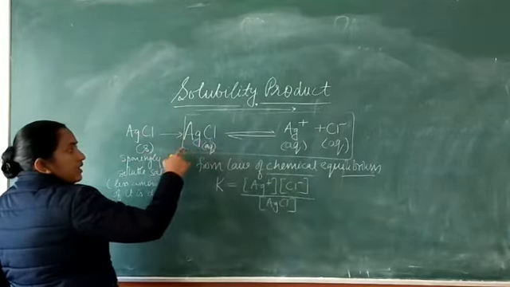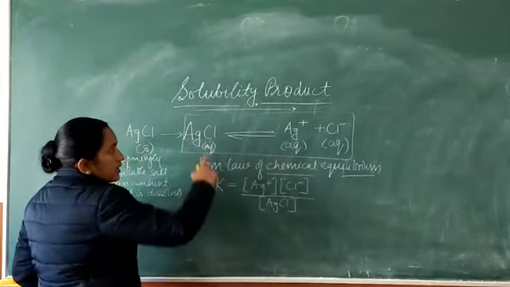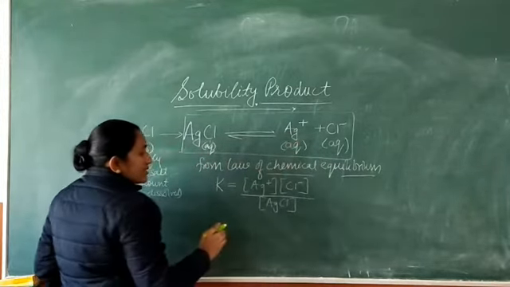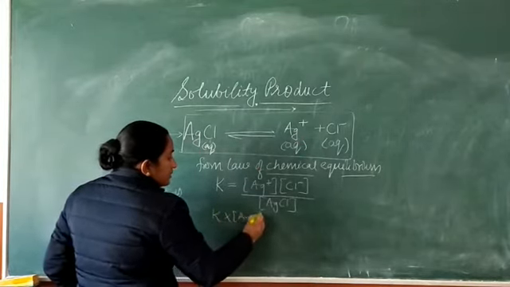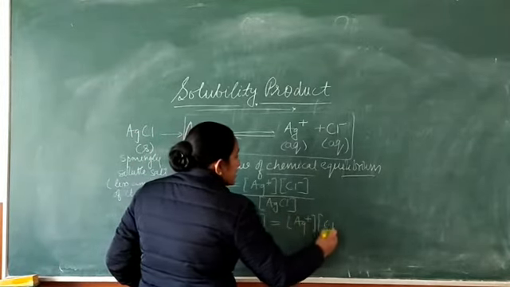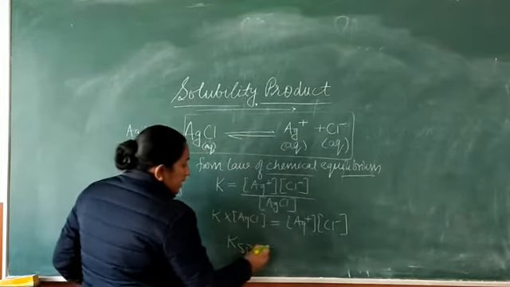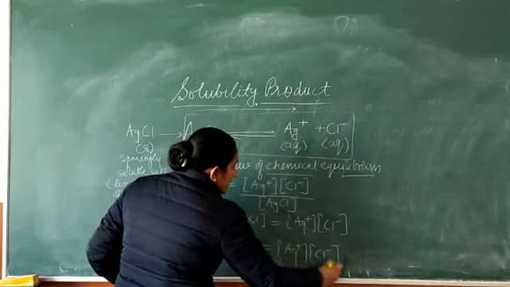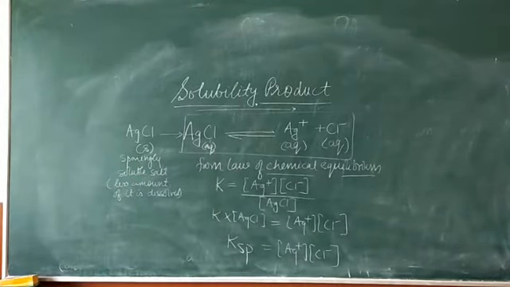One molecule of AgCl gives only one Ag plus and one Cl negative. So we write Ksp equals Ag plus times Cl negative. This Ksp, students, is known as the solubility product.